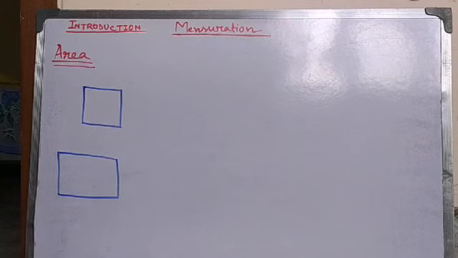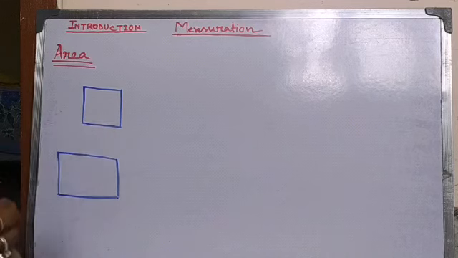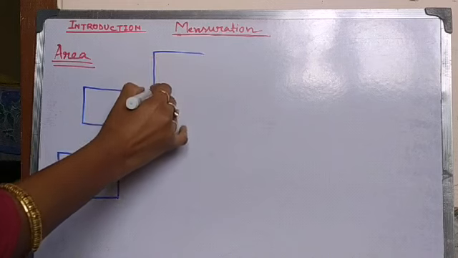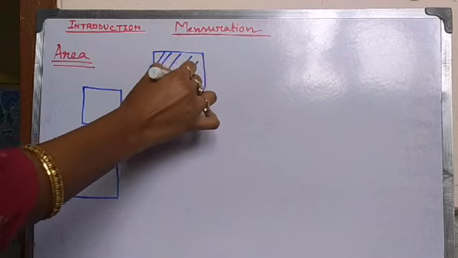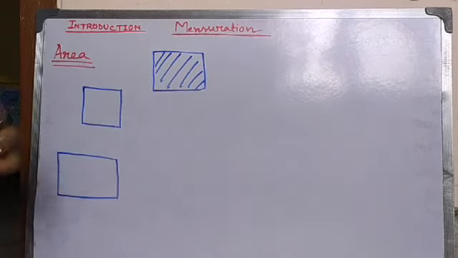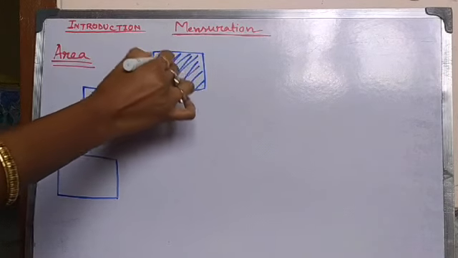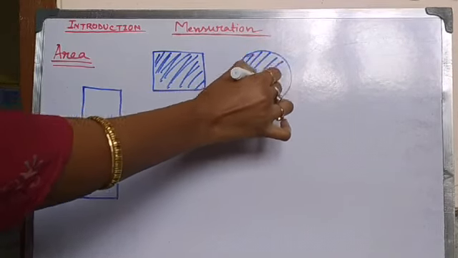Now coming to the next topic, that is area. What do you mean by area? Area means a rectilinear figure or any figure is enclosed by the boundary. Suppose this figure, the amount of the space which is covered by the figure, that is area actually. So this space is covered by this rectangle, suppose a circle. What is the area of the circle?